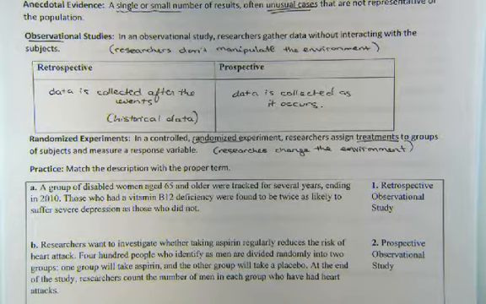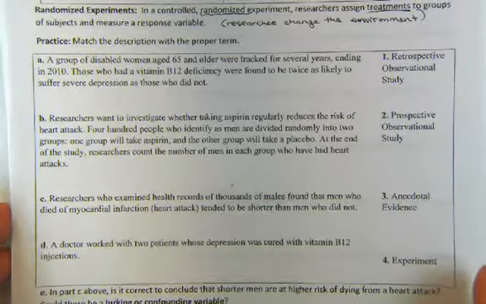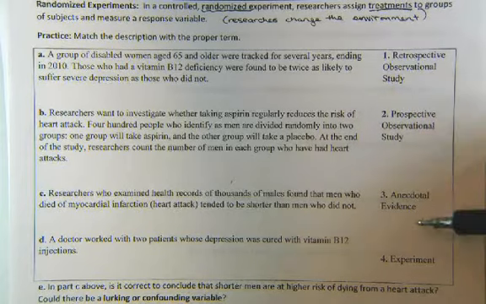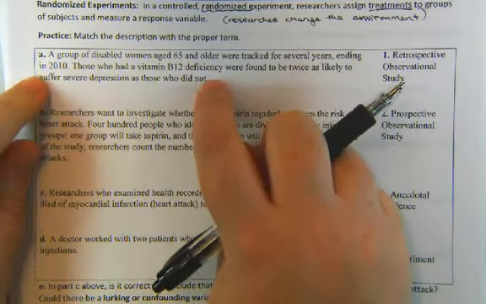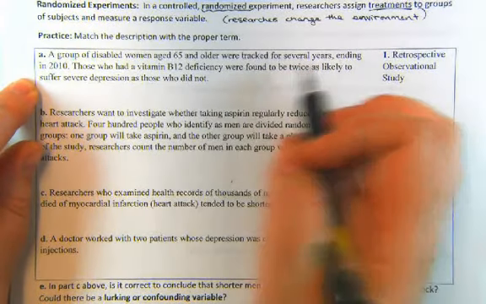So let's check out this matching piece down here, where we have these four scenarios, and we want to see which is it of these four possibilities. With this first one, we have a group of disabled women aged 65 and older, tracked for several years, and they noticed that those that had a vitamin B12 deficiency were found to be twice as likely to suffer from depression.